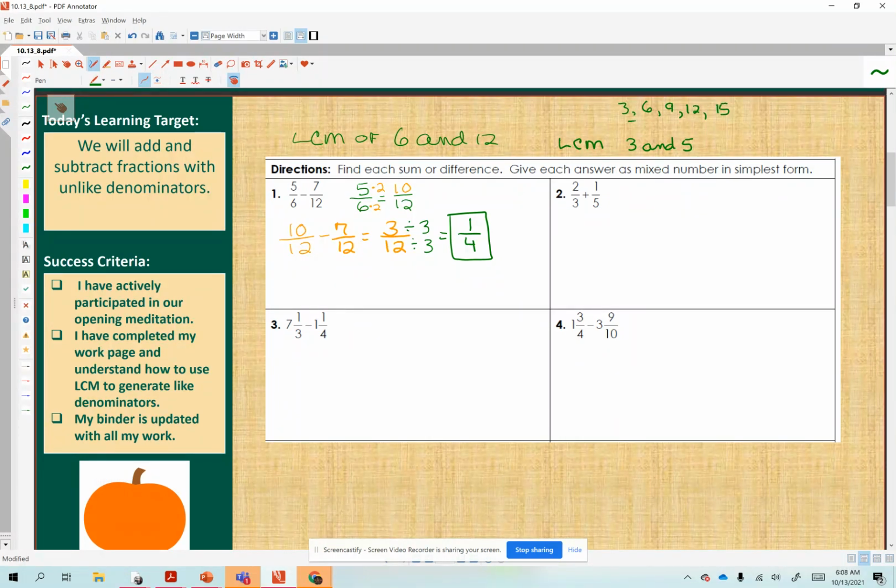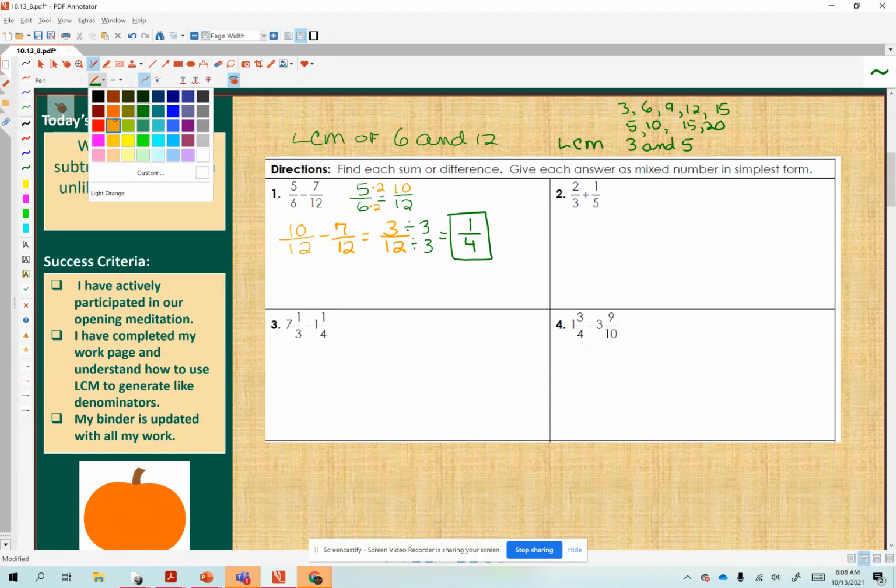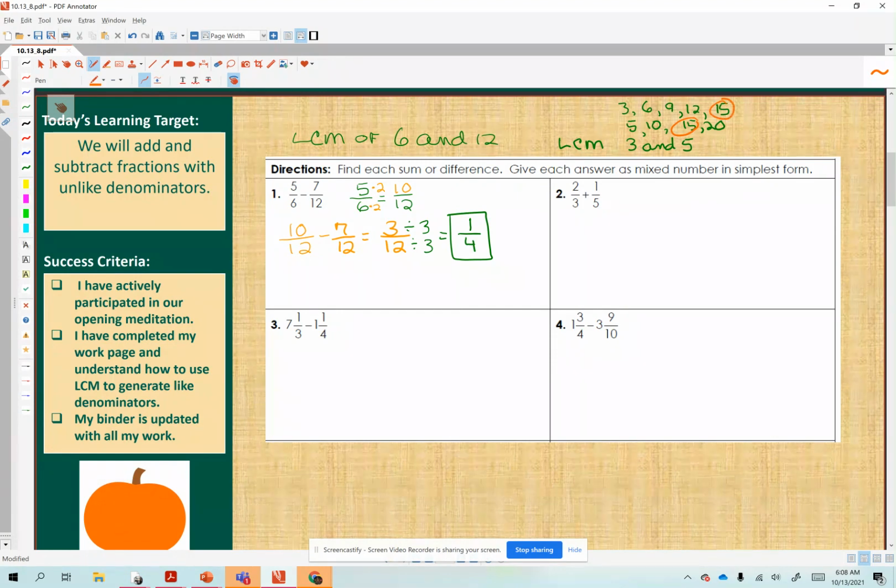Multiples of 5 are 5, 10, 15, 20. And what I see already is that I have a common multiple in 15, and it is the smallest, the lowest, or we call it the least common multiple. So that means I'm going to convert 2/3 and 1/5 into equivalent fractions with 15 as the denominator.